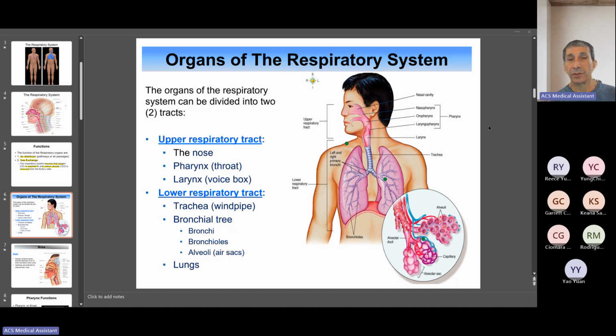Upper respiratory conditions are not as serious as lower respiratory conditions. Usually, when we have problems with the lungs, with the alveoli, it is more serious than when we have something within the nose, the throat, or the larynx. So it's a lot easier to solve the problems in the upper respiratory system. So we have to make the difference between them.